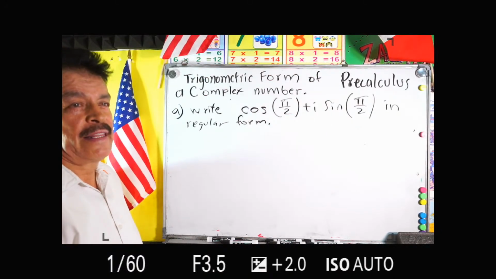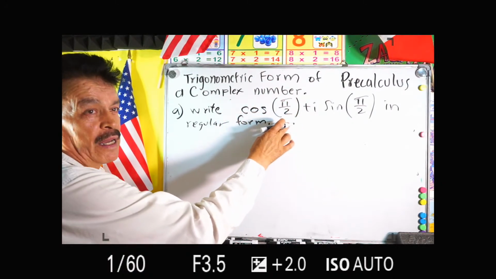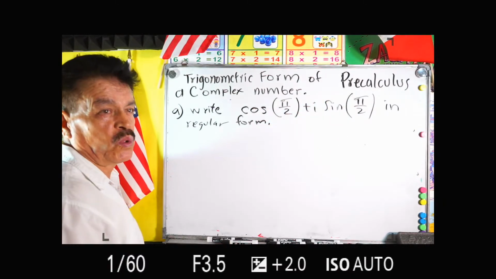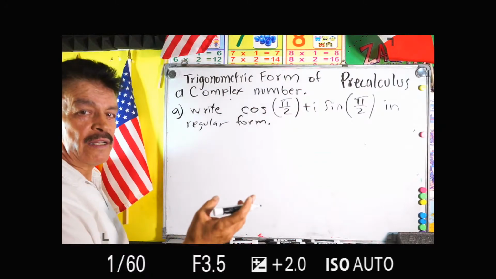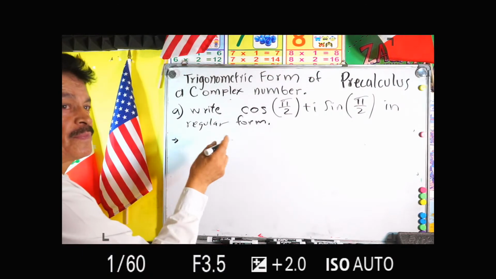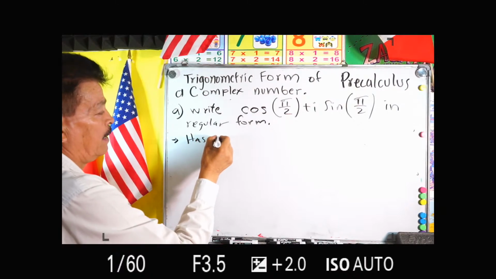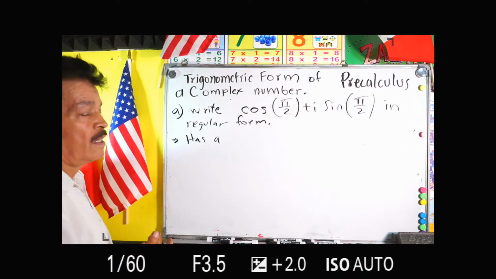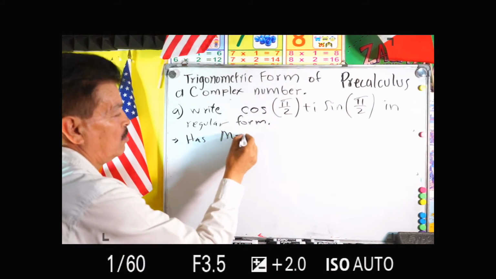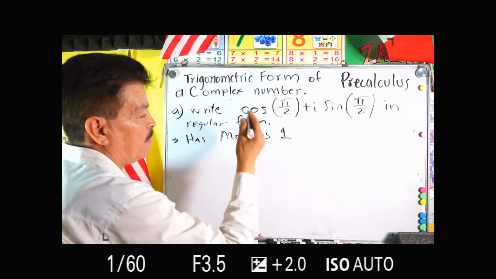First of all, the complex number cosine of pi divided by 2 plus imaginary sine of pi divided by 2 has a modulus of 1. Remember, in the first part of my class I explained this.